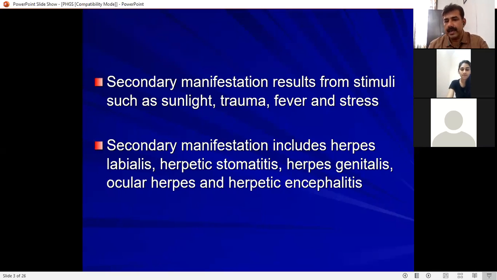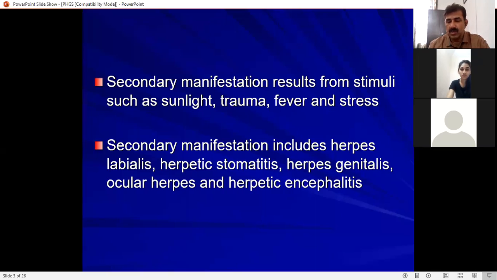You can see secondary manifestations include herpes labialis, which means it occurs in the lips. Herpes stomatitis within the mouth, herpes genitalis within the genitalia, then ocular, in the eye, or herpes encephalitis, which affects the brain.